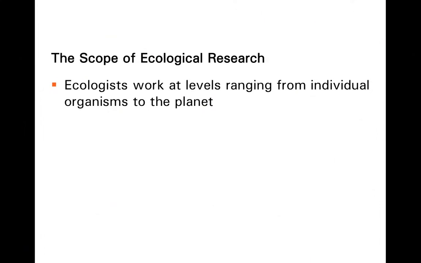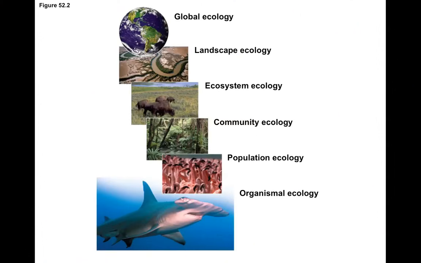And there are many different ways to consider ecology. Ecology is a huge field within biology. And ecologists can work at many different scales, from the organismal level all the way up to the planetary level. So we can see that there are, in this image, nesting scales of ecology. So at the global level, we can consider the ecology of the entire biosphere.